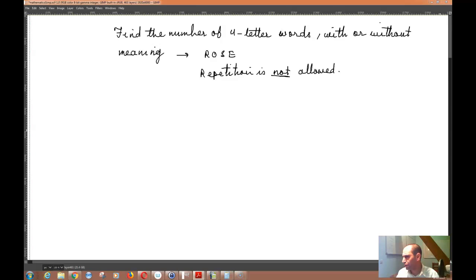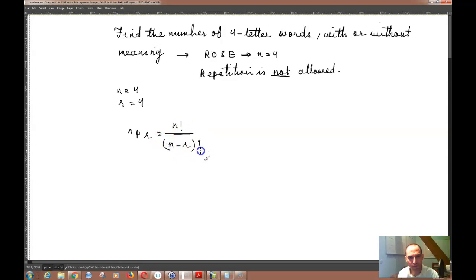Basically the required number of words would be, you are making 4-letter words, so your r is equal to 4, and you're making those 4-letter words using the letters of the word rows, so your n is equal to 4. We said that n permutation r is equal to n factorial over n minus r factorial.